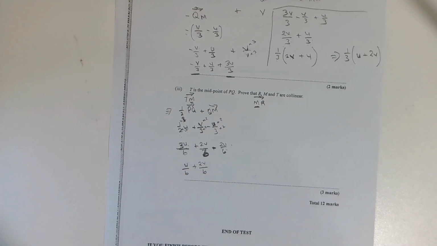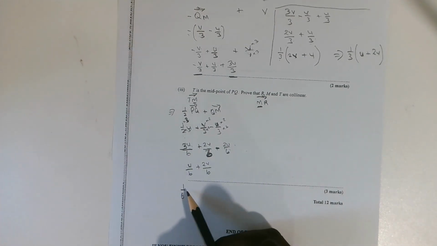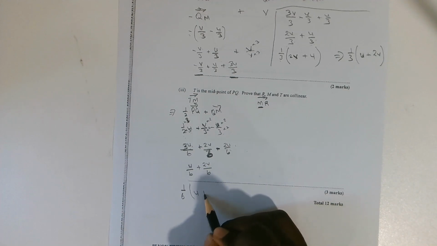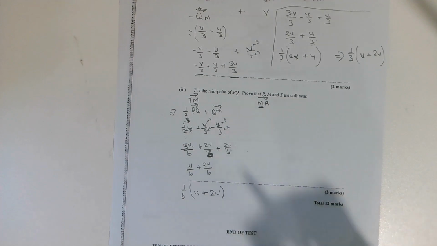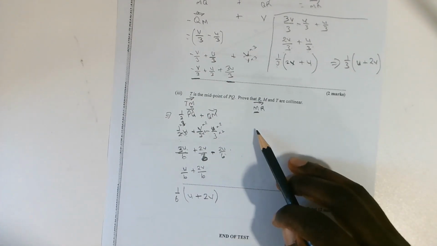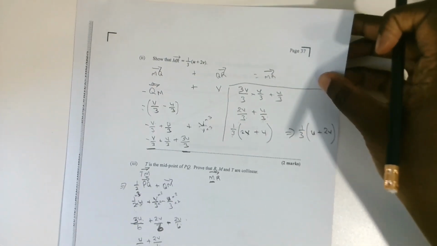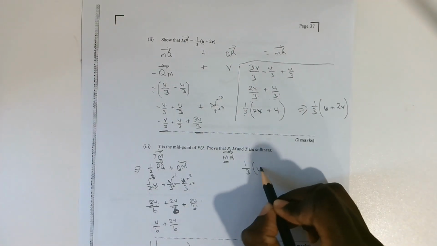I want to show you something. All of my denominators are the same, so I can see all of my numerators. I can take out my 1/6 outside of the bracket, and I have 1/6 bracket u plus 2v. My 2v could have been simplified, but I'll leave it this way just to prove a point. And my vector MR, where were we?